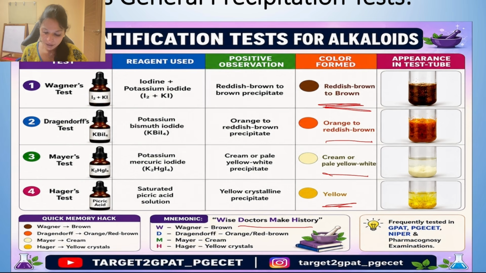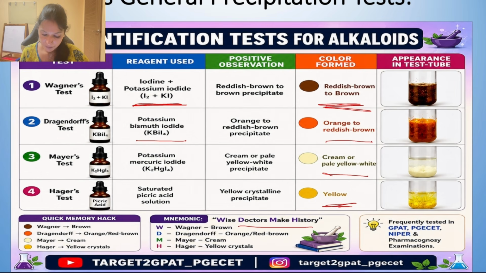And another one is potassium bismuth iodide. This is used for Dragendorff's test. This reagent, Dragendorff's reagent, will be BD, that is potassium bismuth iodide. Bismuth will be present, and here it will first be red, then become orange to reddish brown. And next one is Mayer's test, MM, that is mercuric iodide.